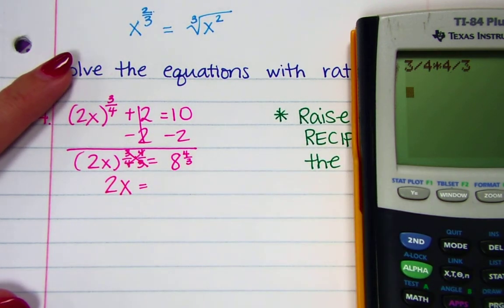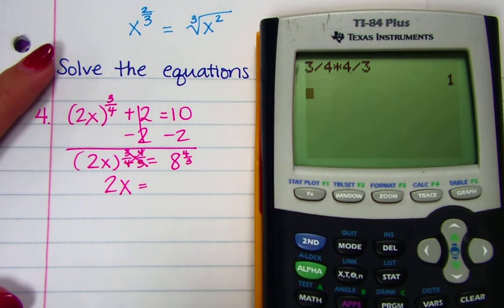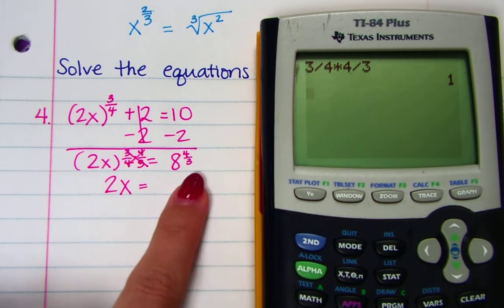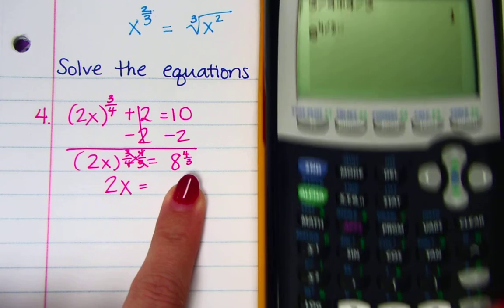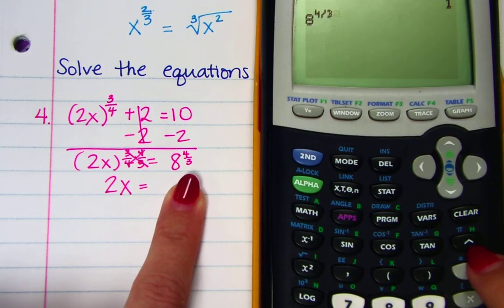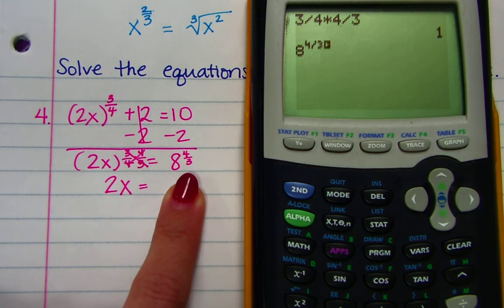And 8 to the 4/3 is like 8 to the 4th power and then the cube root of it. But you can do this exact thing in your calculator. 8 to the 4 divided by 3, using this button right here. So you can type this into your calculator just like this and get the answer, what 8 to the 4/3 is.